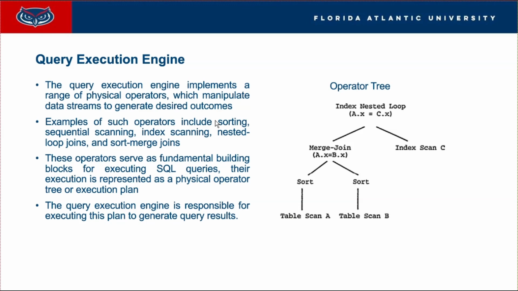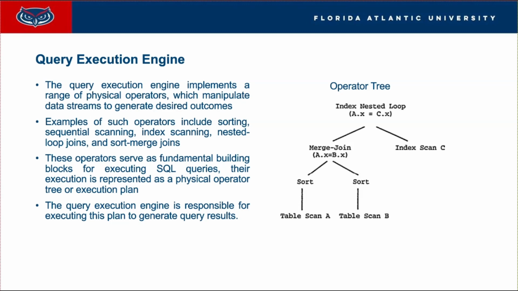The query execution engine implements a range of physical operators which manipulate data streams to generate desired outcomes. Examples of such operators include sorting, sequential scanning, index scanning, nested loop joins, and sort merge joins. These operators serve as physical fundamental blocks for executing SQL queries.